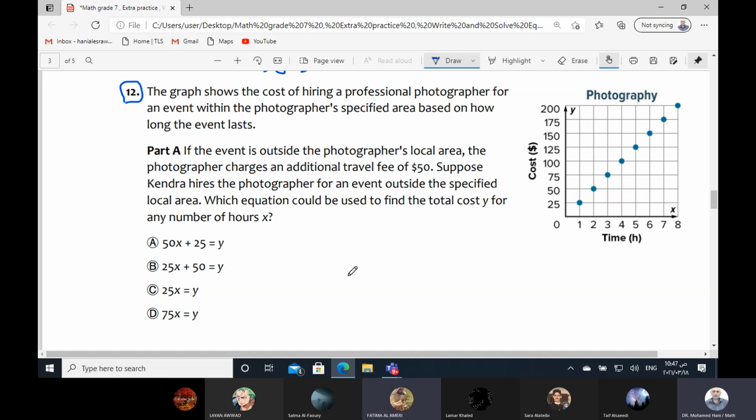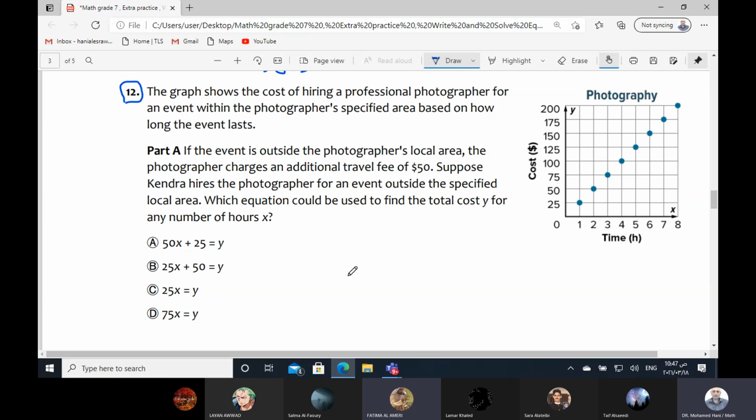No, repeat please part A. If the event is outside the photographer's local area, the photographer charges an additional travel fee of $50.